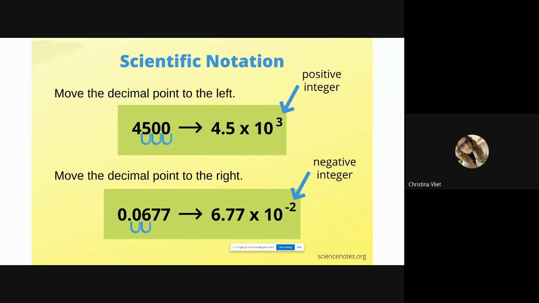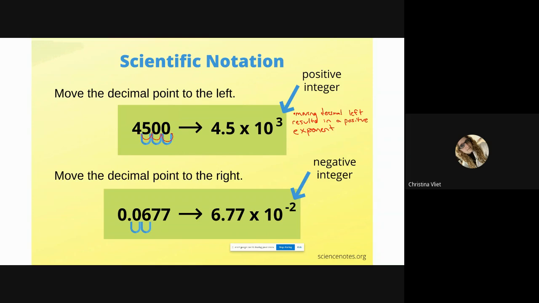You'll notice that 4,500, what you do is if you have to move your decimal point to the left, you end up with a positive integer. So always moving your decimal to the left results in a positive exponent. And so here, if there's no decimal, you put it at the end of the number.